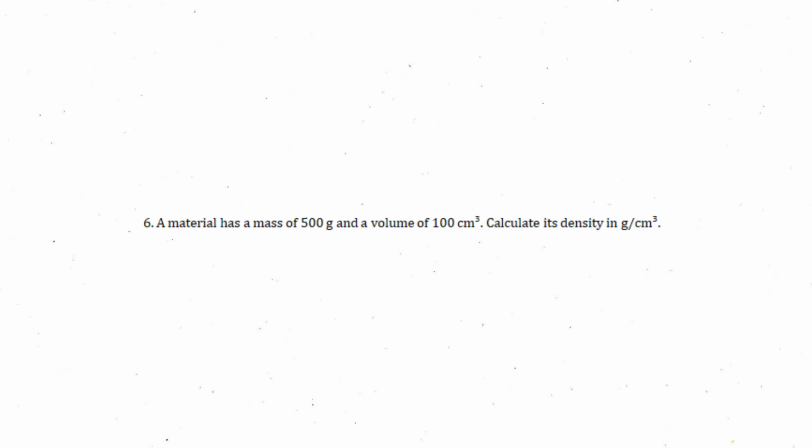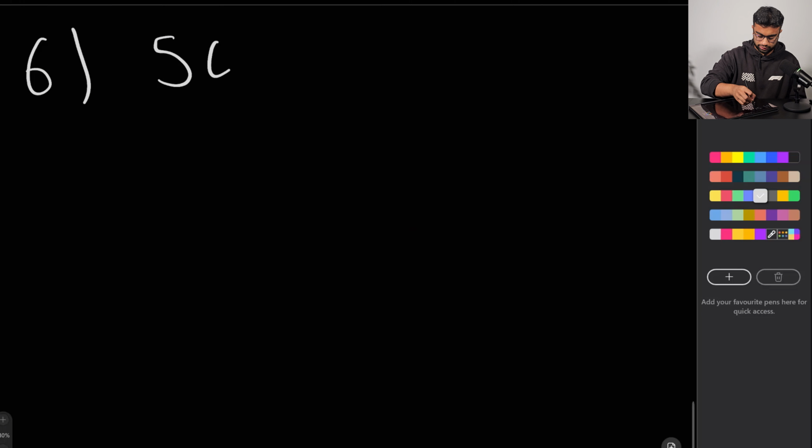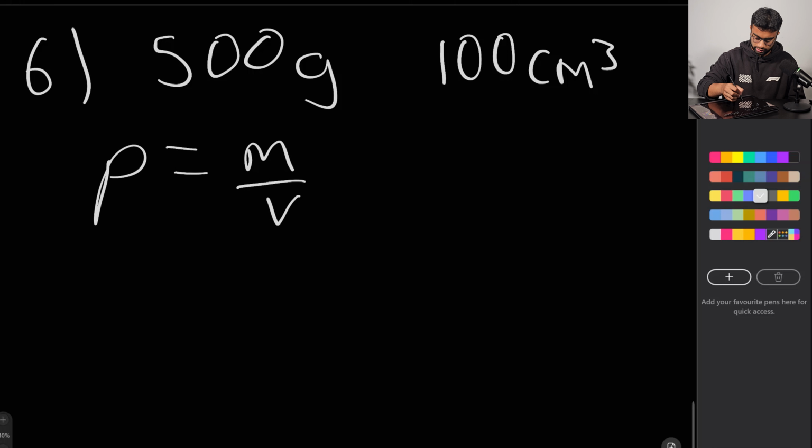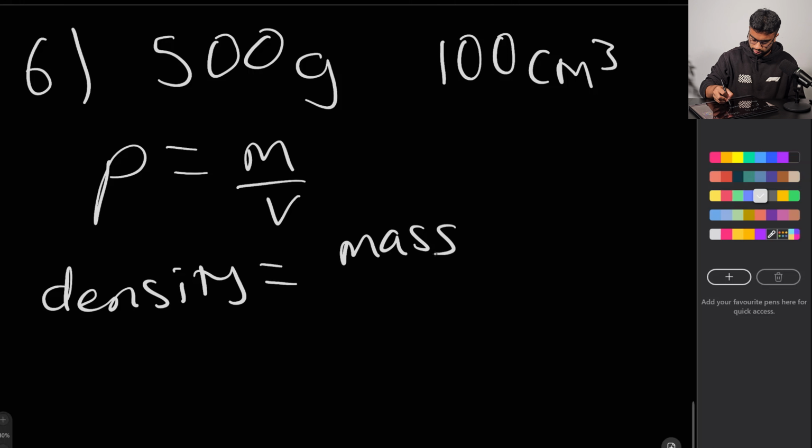Question 6 tells us to calculate the density of a material that has a mass of 500 grams and a volume of 100 centimeters cubed. We know that density is given by rho equals m over v, or in other words, density is equal to mass over volume.